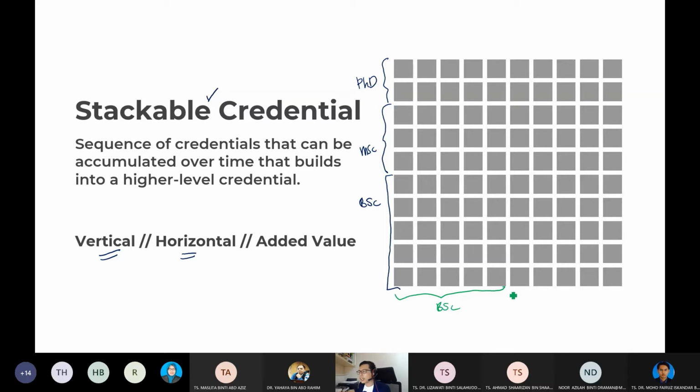And then you add another postgraduate diploma, for example, that is not related to the bachelor degree. That means you can add on to this. Usually it does not need this degree to get that, so it can stand on its own, and probably some certificates.